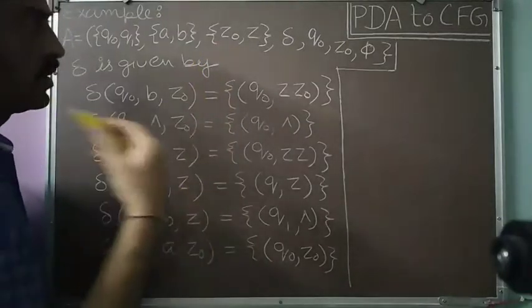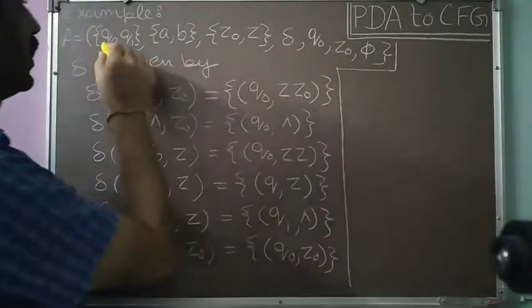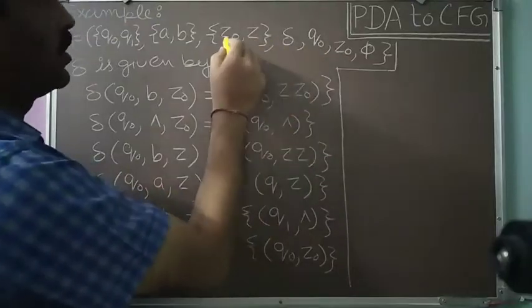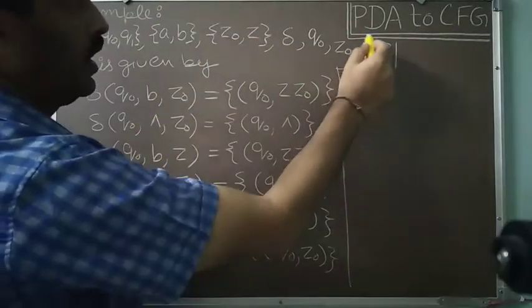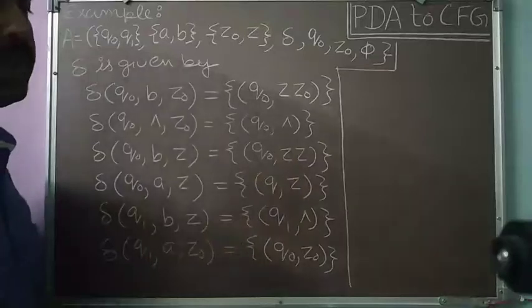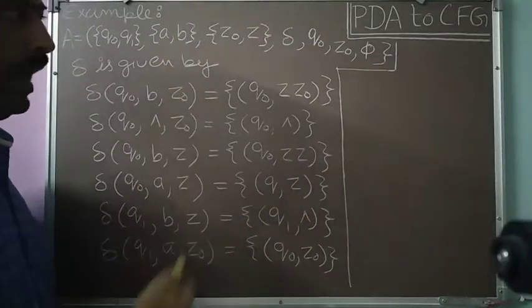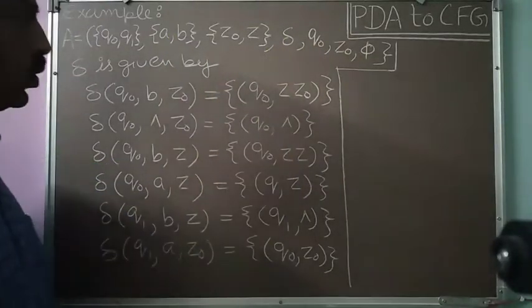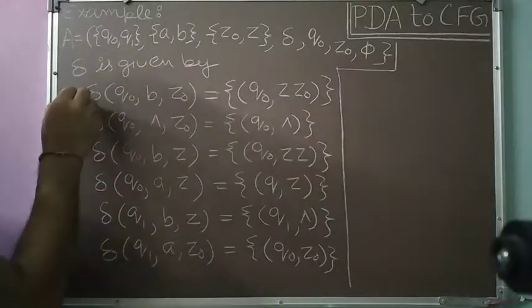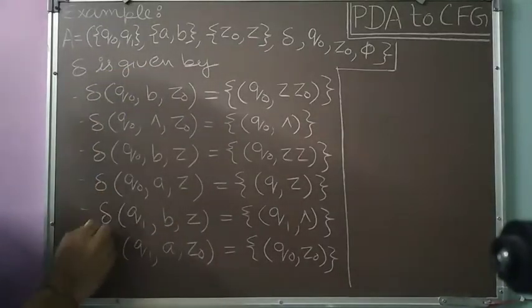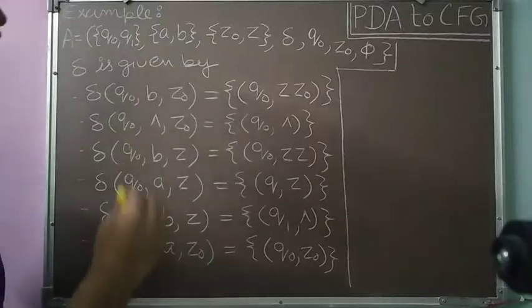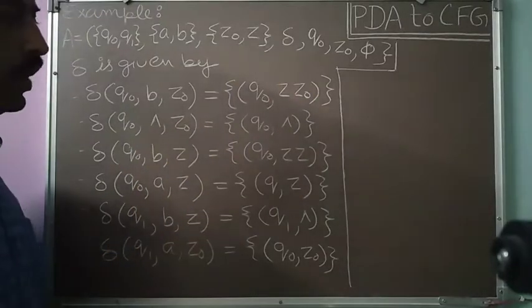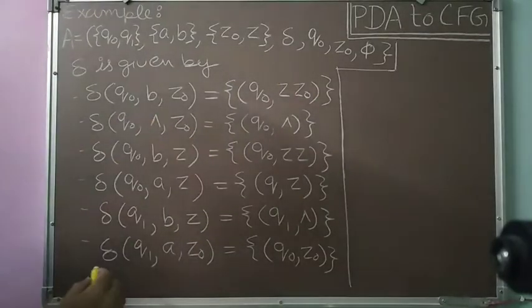Q0 is our start state, and Z0 is our initial pushdown store symbol, and phi. That is why this PDA is accepting some language by empty store. The transition function delta is given by these 6 transitions. Now we have to convert it to the corresponding CFG.